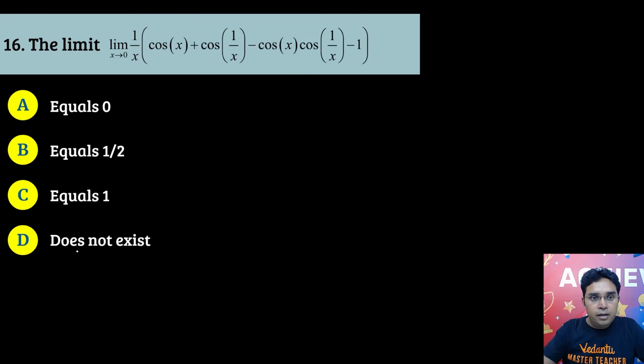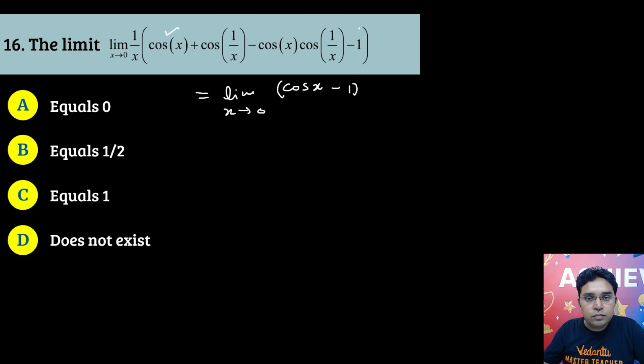Coming to question number 16, we are given the limit as x approaches 0 of 1 upon x times cos x plus cos 1 by x minus cos x cos 1 by x minus 1. I think we can write this as the limit as x approaches 0 of cos x minus 1, if I combine these two.